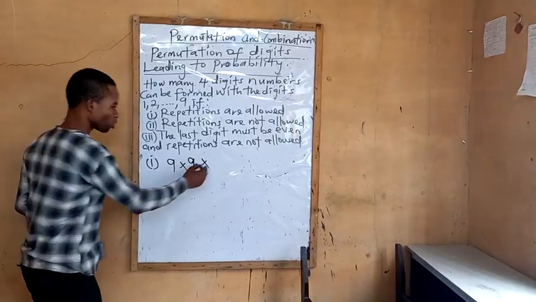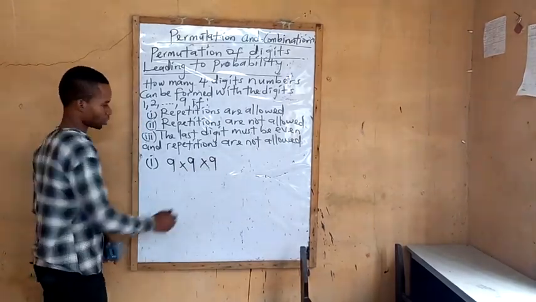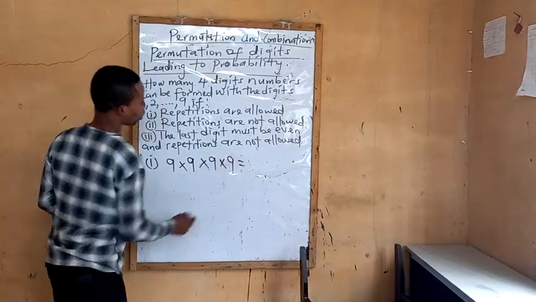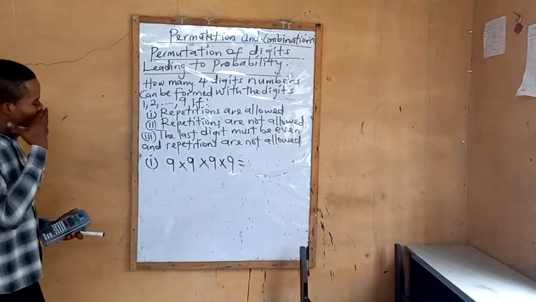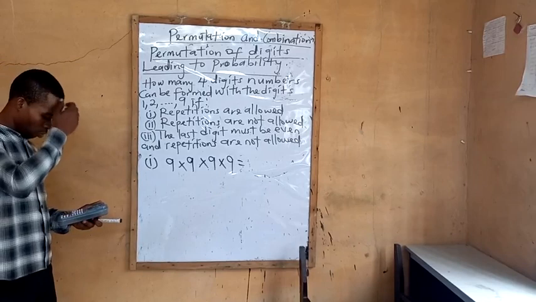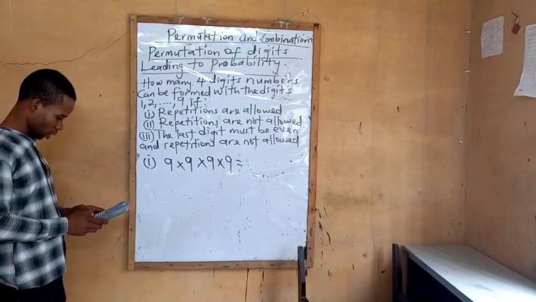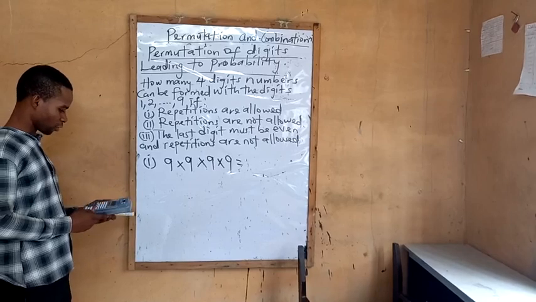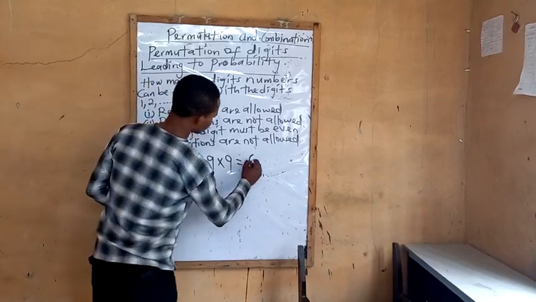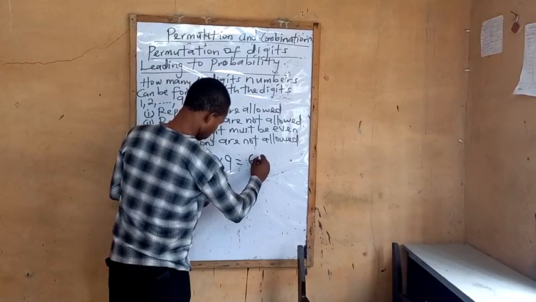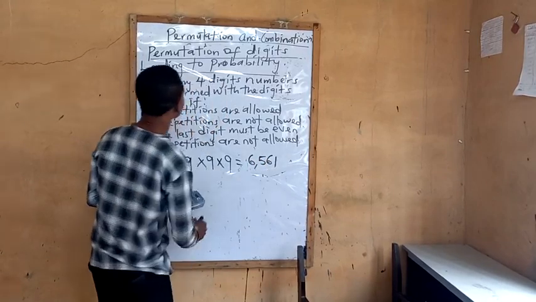The third number also will occupy the whole 9 places. And the fourth one also will occupy the whole 9 places because repetitions are allowed. So that is going to be 9 times 9 times 9 times 9. That is 6,561.